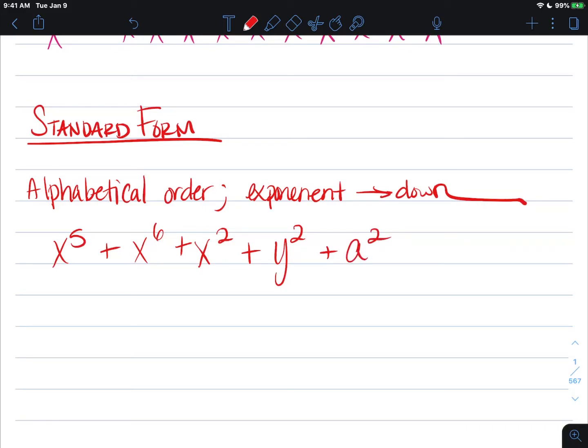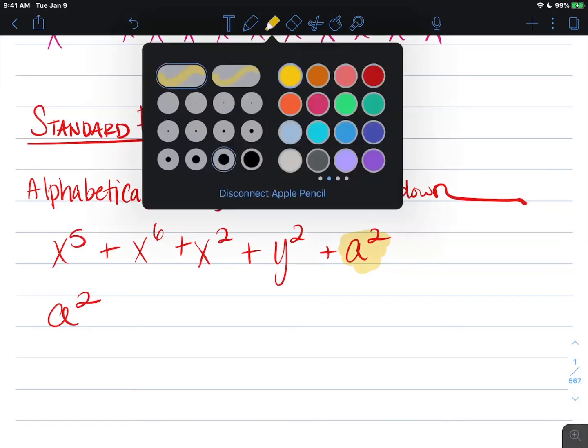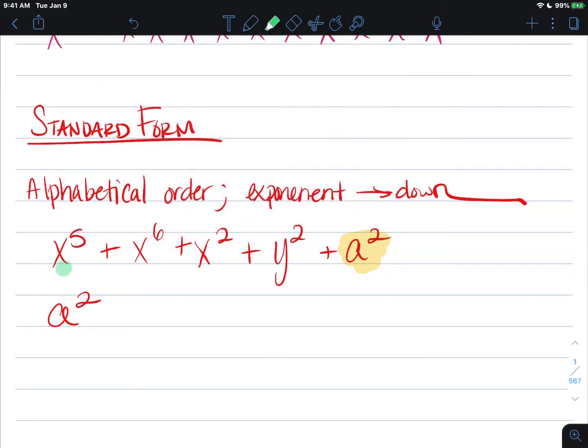First, I would say, all right, which one of those comes first in the alphabet? Well, it's going to be my a, so I'll write that first. Now I'm going to say which one comes next, the x. Well, there's a whole bunch of those. Here, here, here. So I need to first look at which one has the largest exponent, the biggest number at the top.